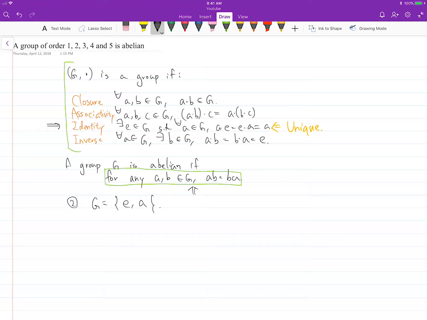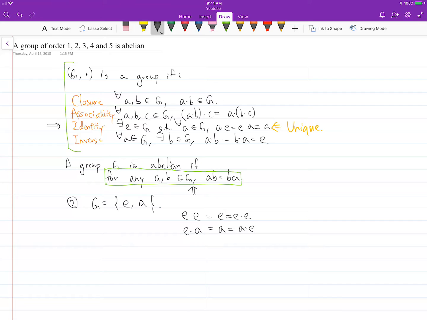So the first pair is E times E, has to be E, and that equals E times E. And this is because E is the identity. So when you multiply the identity by E, you get E. The same thing goes with E times A. E times A, then you get A, and then A times E.